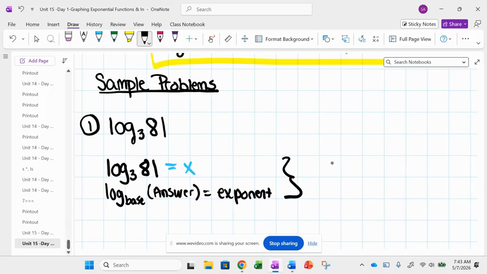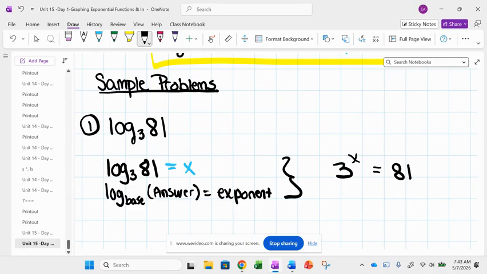My base is 3. What's my exponent? x equals what? 81. And ultimately, what am I solving for? We're solving for x. So they're saying 3 to what power gives us 81? 4. We can figure this out in our head, right?